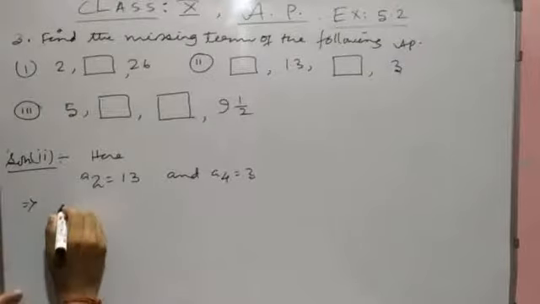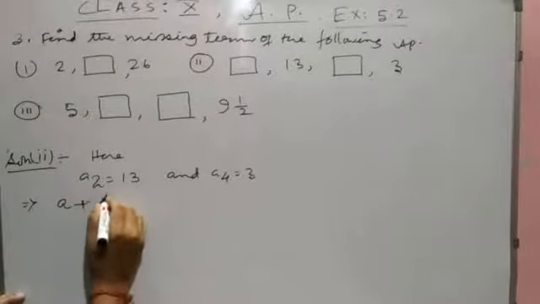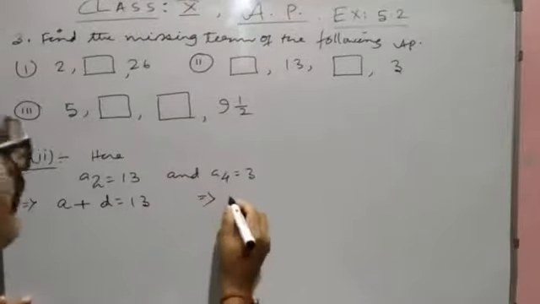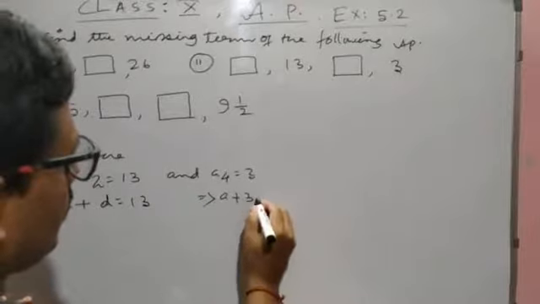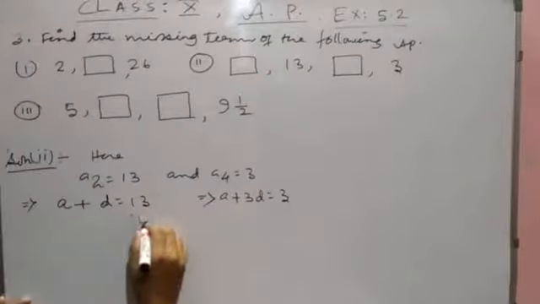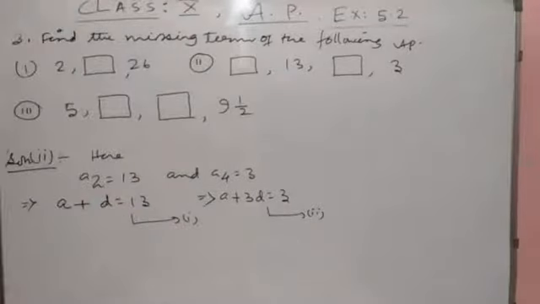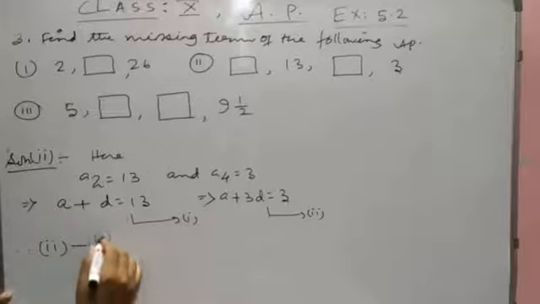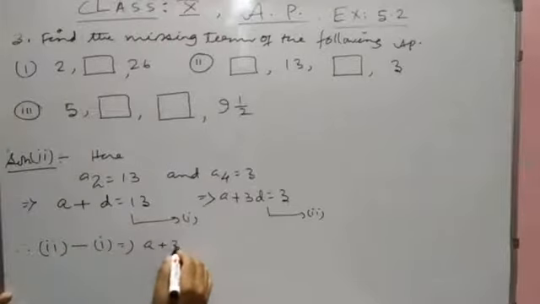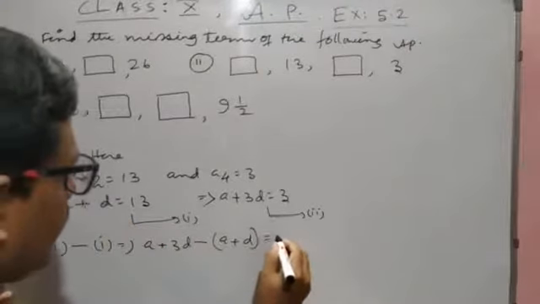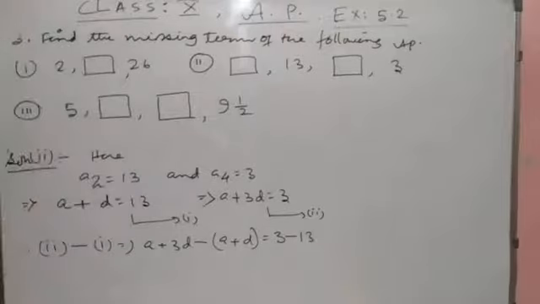So a2 means a plus d. a plus d equal to 13 and a4 means a plus 3d equal to 3. Now this is equation one and this is equation two. Let us solve these two. Subtracting 2 minus 1, a plus 3d minus (a plus d) equal to 3 minus 13.